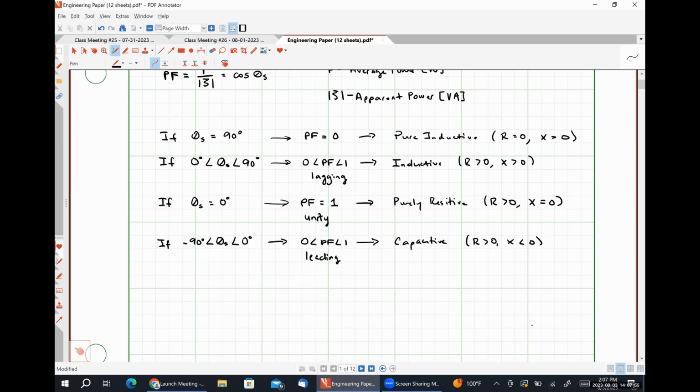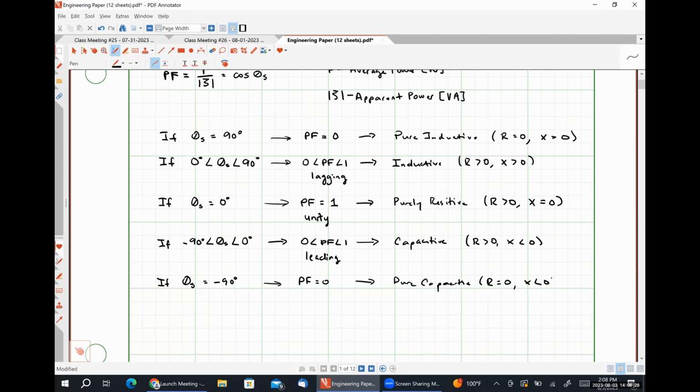And then if theta S is equal to negative 90, we have a purely capacitive load, where R is equal to 0 and X is negative.